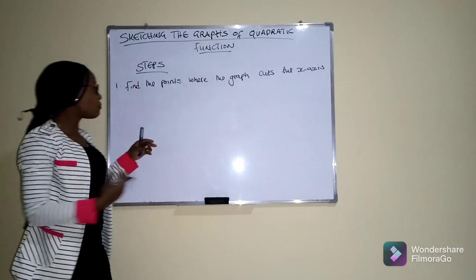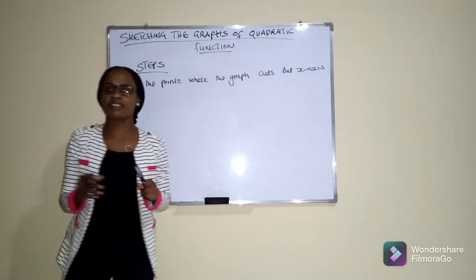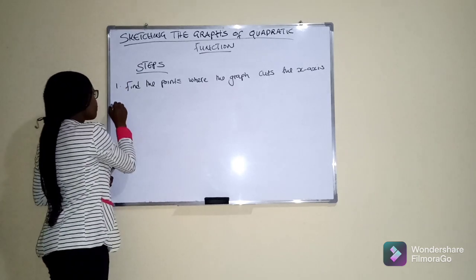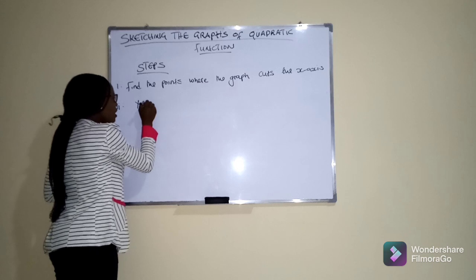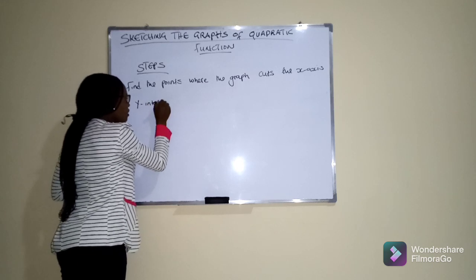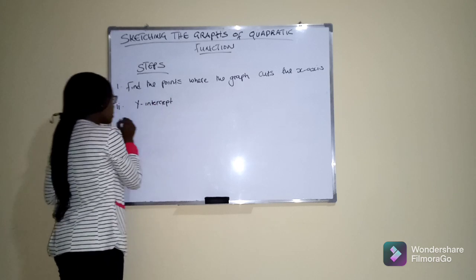Then after you have found the points where the graph cuts the x-axis, the second thing that we're supposed to find is the y-intercept.